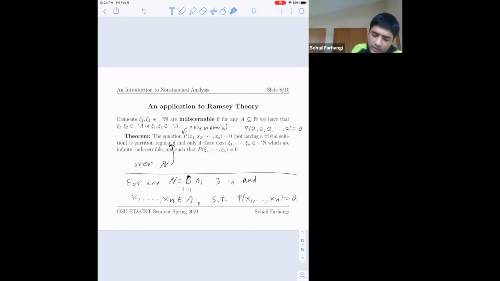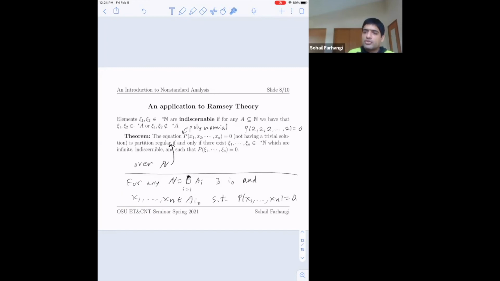And this is, in my opinion, the reason this is nice: normally if you take different partitions of the natural numbers, as your partition changes, your xi's will change, your solutions will change, right? So you first have to pick a partition, and then you have to search for a solution.